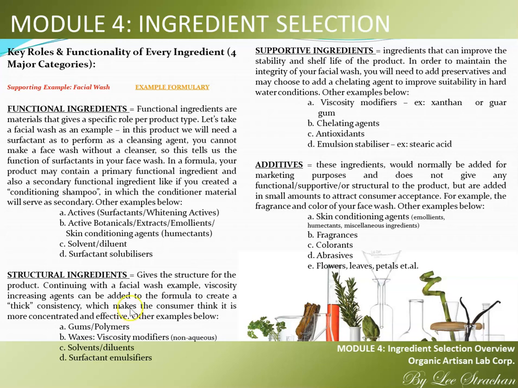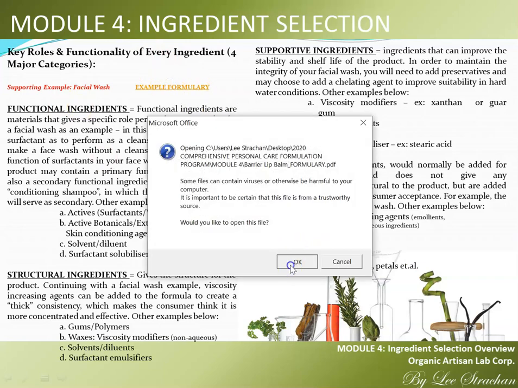Let me just give you an example here. Let me just open a file just to show you why we're going to need to understand the 4 major categories and the roles and functionality of every ingredient. Let me open this file for you.